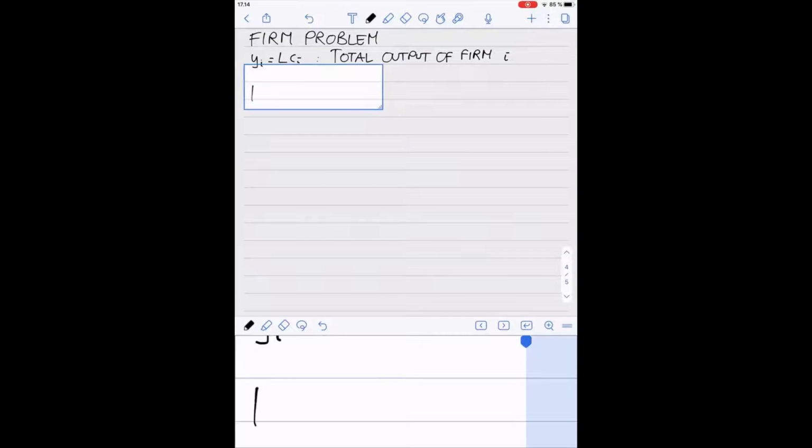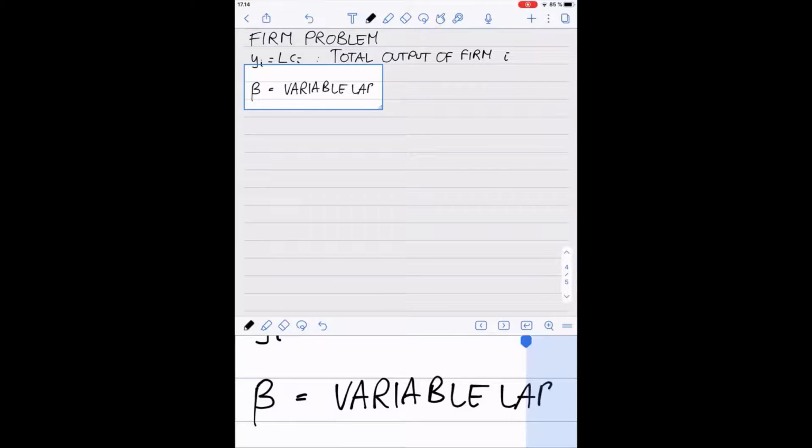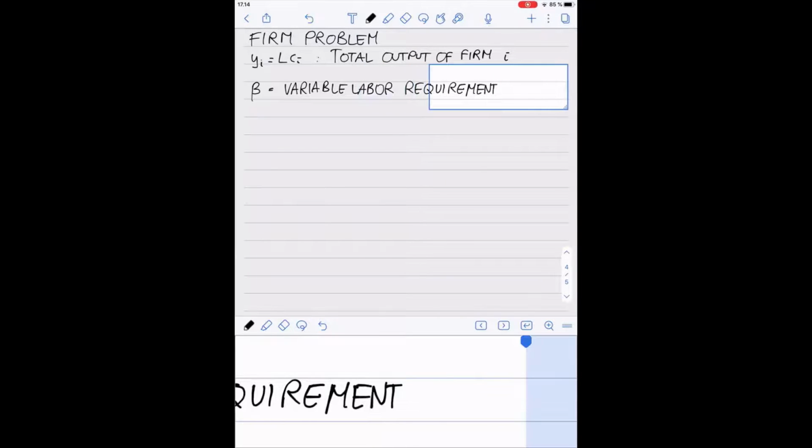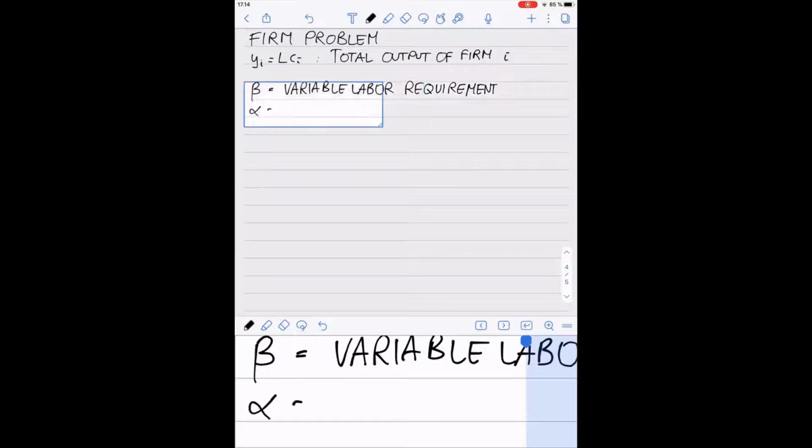And then we have beta, the marginal, the variable, like the marginal labor requirement. And alpha is the fixed labor requirement.